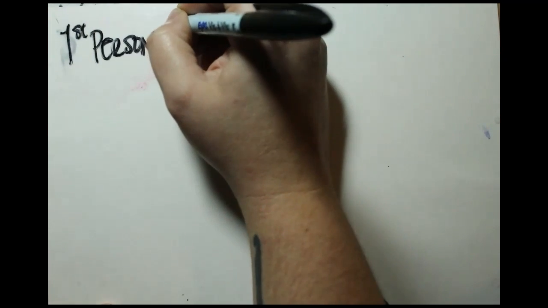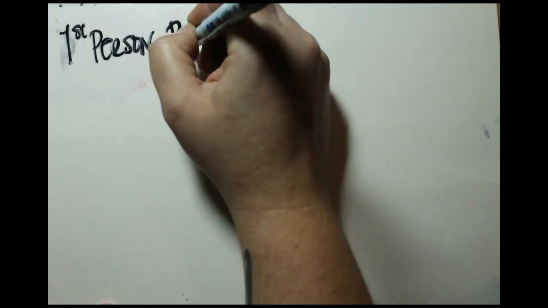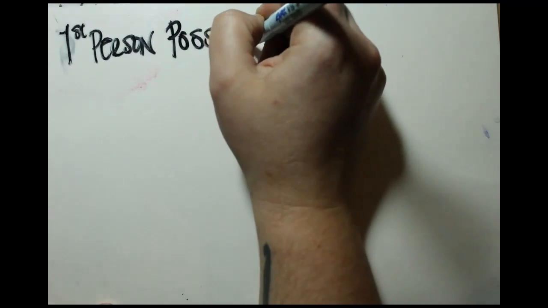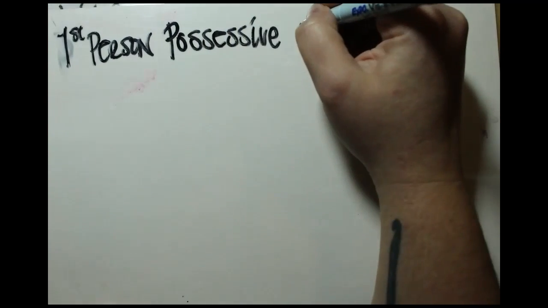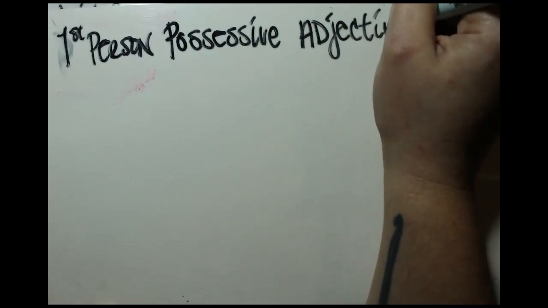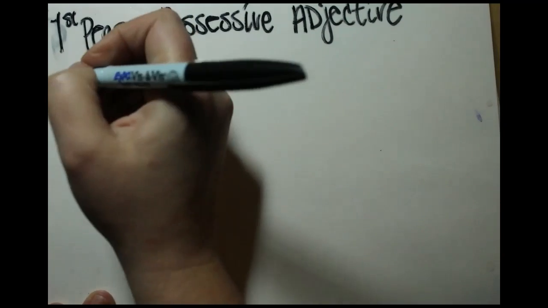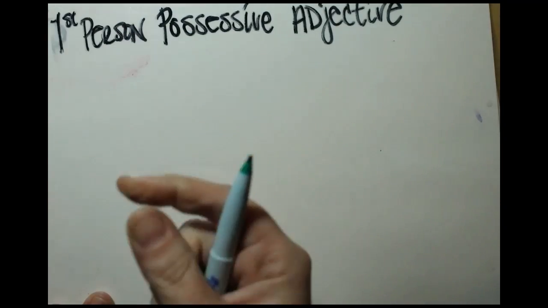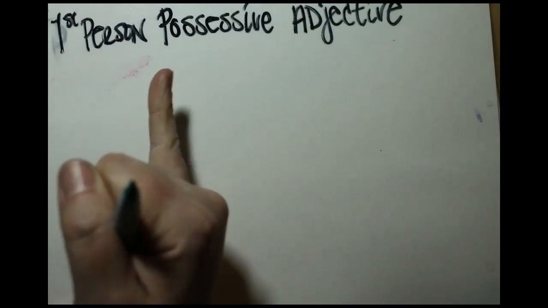Okay, so this is the first person possessive adjective. It's meus in the masculine, and we're going to have 3 columns: masculine, feminine, and neuter.